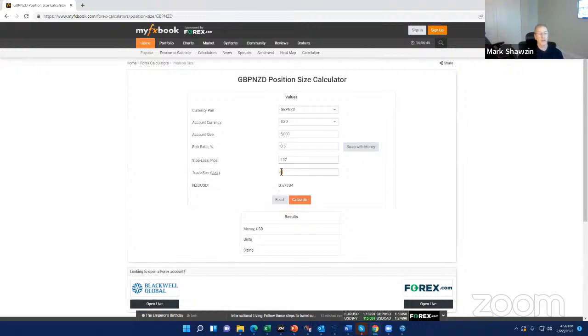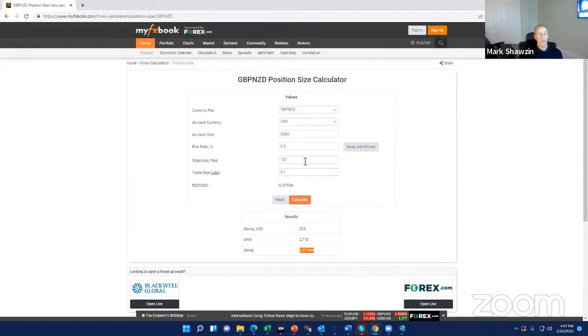One lot, the default here is for 100,000 units, which is a normal lot. Most people are trading mini lots, so you have to do 1/10 of that. So you basically just go 0.1 and then hit the calculate button. And this tells you that you can do 0.27 mini lots.